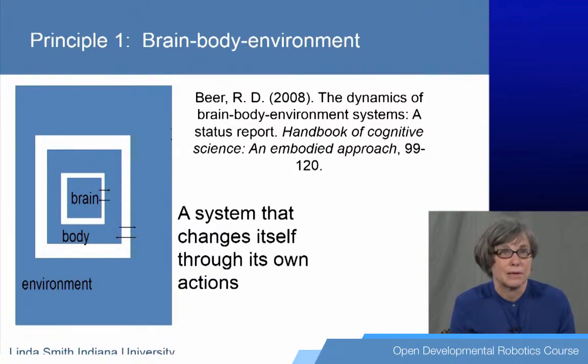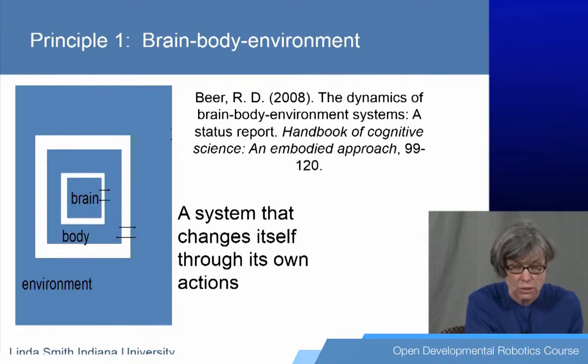This is kind of the cognitive science or robotics version of developmental systems. This figure here was first developed by Randy Beer, giving the citation there. And what he noticed is that adaptive intelligent systems that are autonomous in the world, you could think of them as made up of a series of couplings, of the brain to the body, but then the body back to the brain, and of the body to the environment, and then the environment back to the body, with mutual dependencies in all directions.